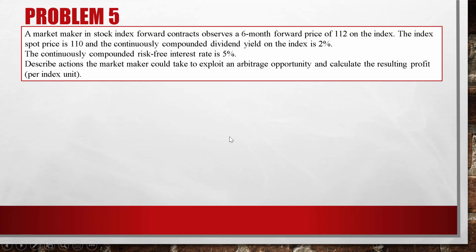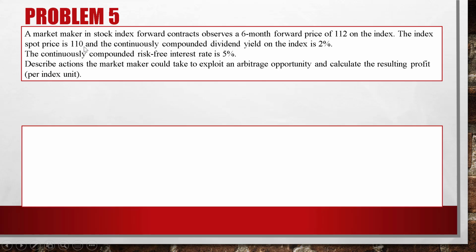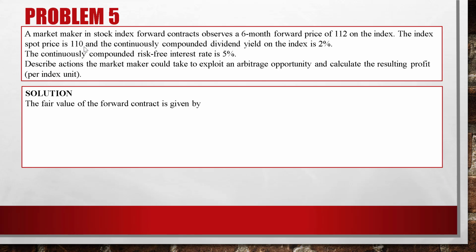The fair value of the forward contract is given by S0 e to the (r minus delta) t, and S0 is 110. So 110 times e to the (0.05 minus 0.02) times half. This is the forward price, and it is equal to 111.66. But the observed value is 112. This is the theoretical value, and 112 is the observed value.